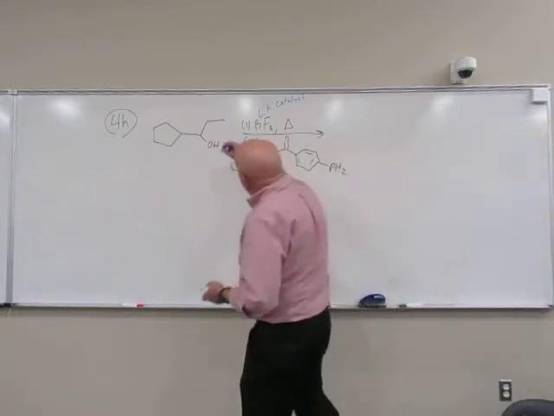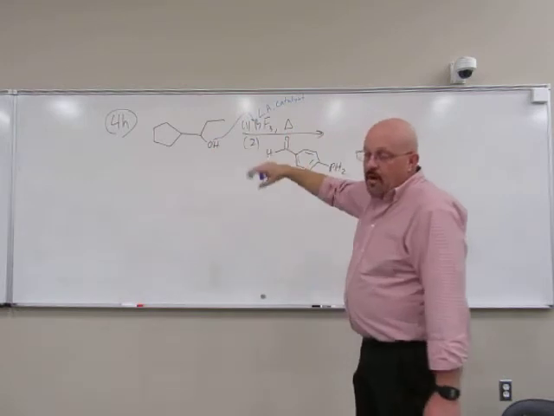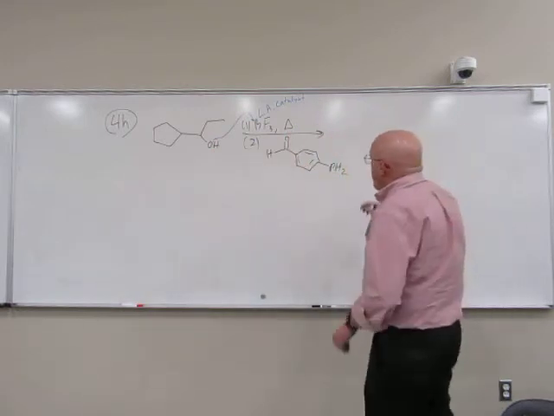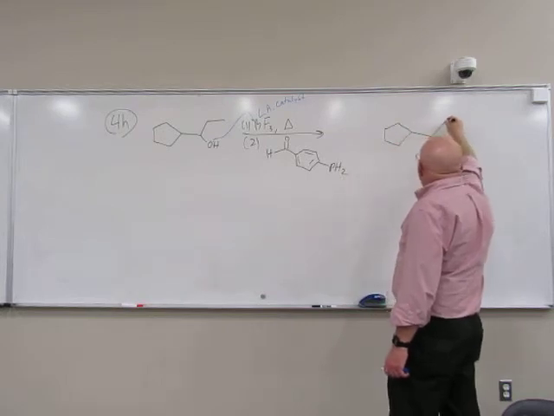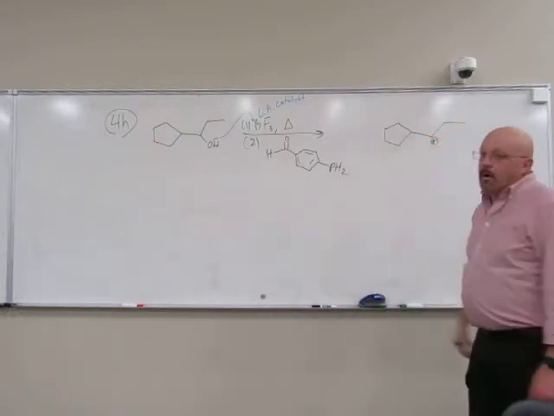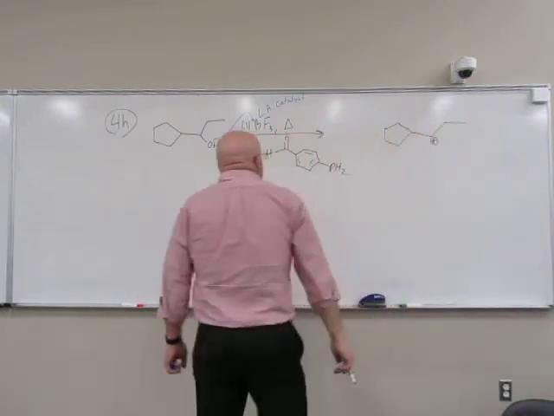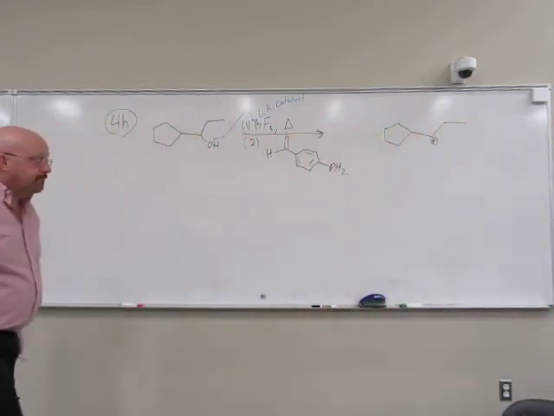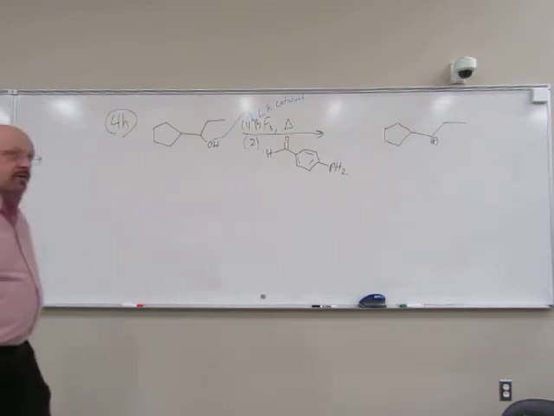So the alcohol gives a pair of electrons to the boron, and that puts a plus charge on the oxygen, and that leaves. I'm going to skip ahead if you don't mind. And that gives us a carbocation. Anytime we form a carbocation, we need to watch for a rearrangement.